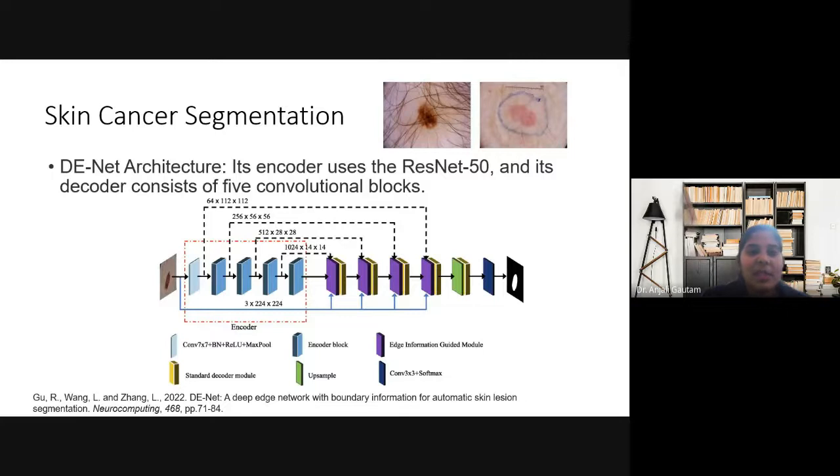The other application area in segmentation is skin cancer segmentation. On the top side, you can see two images of skin cancer, and there is a repository for skin cancer segmentation called ISIC.